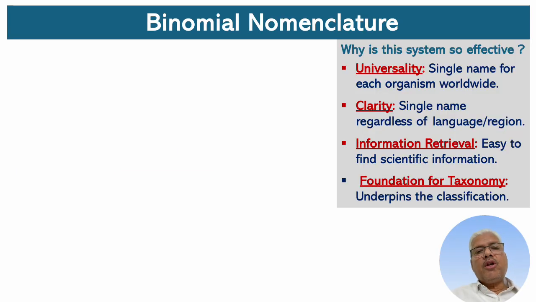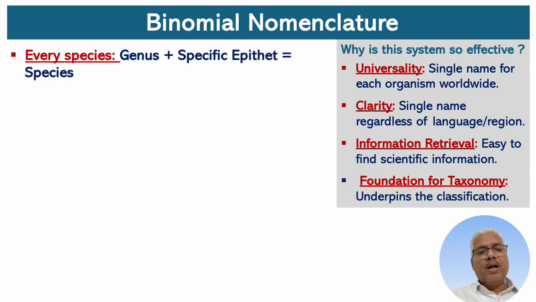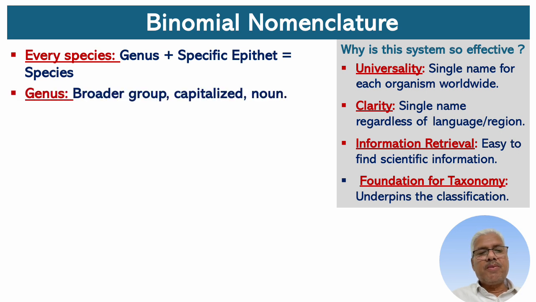The solution to the confusion caused by common names is binomial nomenclature, the two-part name. It is the heart of how we scientifically name every living organism. Every species gets a two-part name. The first part is the genus name and the second part is the specific epithet, which together form a species. The genus is the broader group. The genus name is for the group of closely related species.